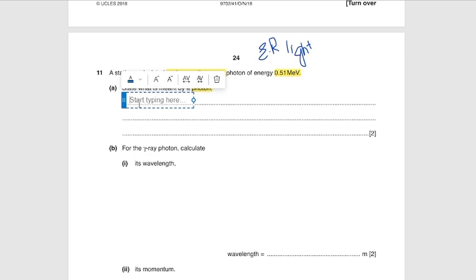It is defined as a quantum, a packet of energy, a quantum of energy of electromagnetic radiation.